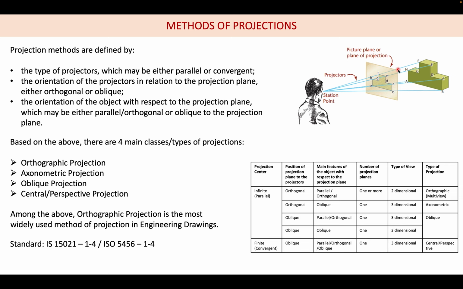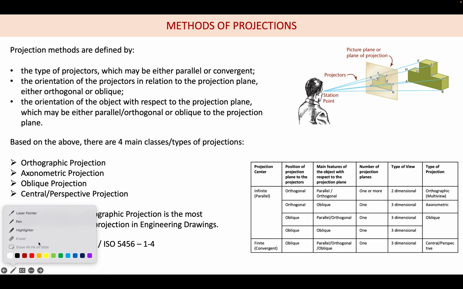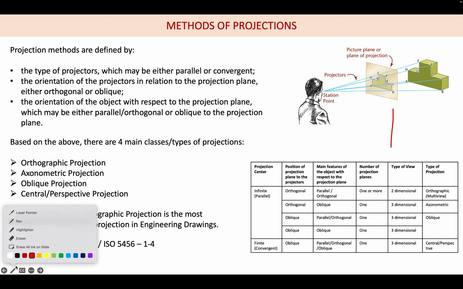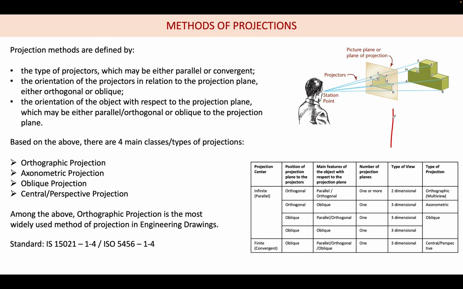In this case the projector, this line, makes an angle of 90 degrees. For example, if I draw the top view, assume that this is my projection plane and these are the projectors. For the projectors I will take another color. This means that they are orthogonal, which means that all your projectors are making an angle of 90 degrees.